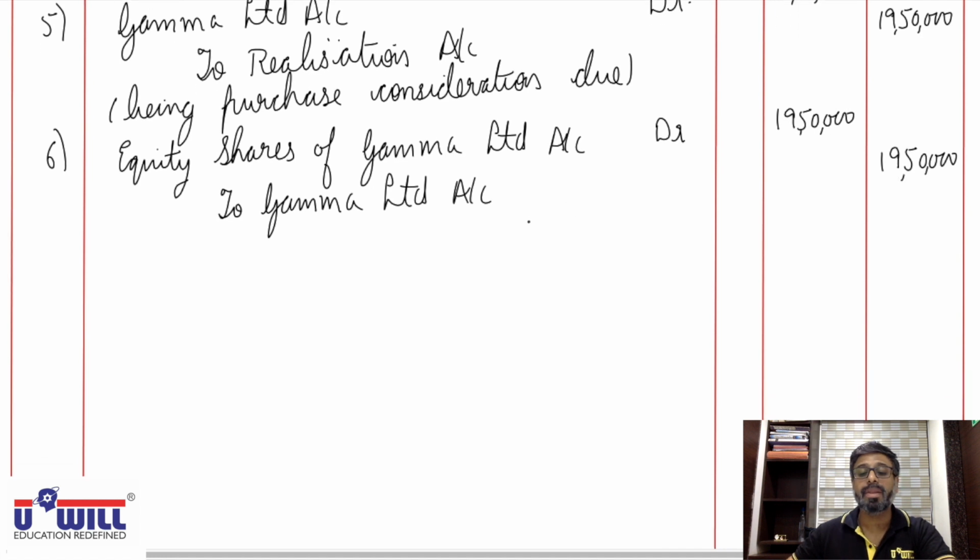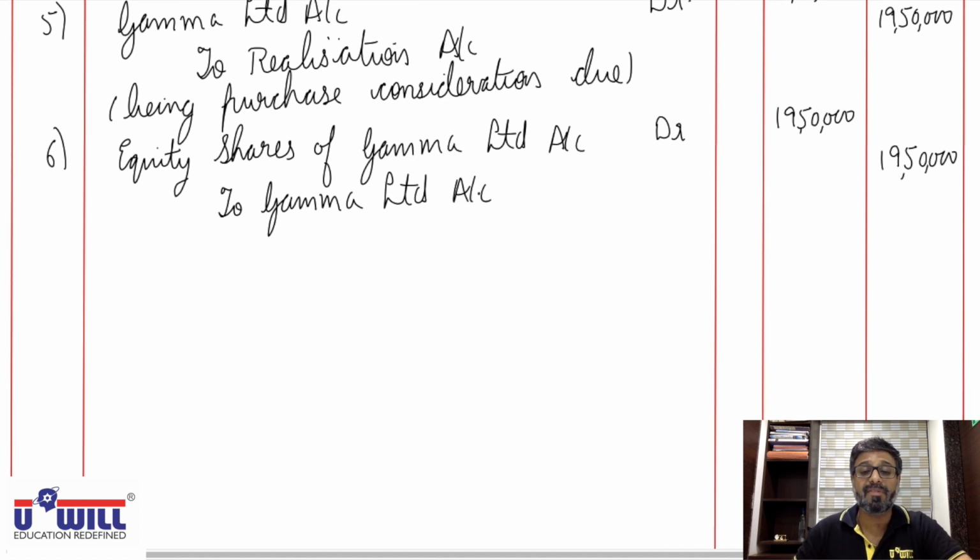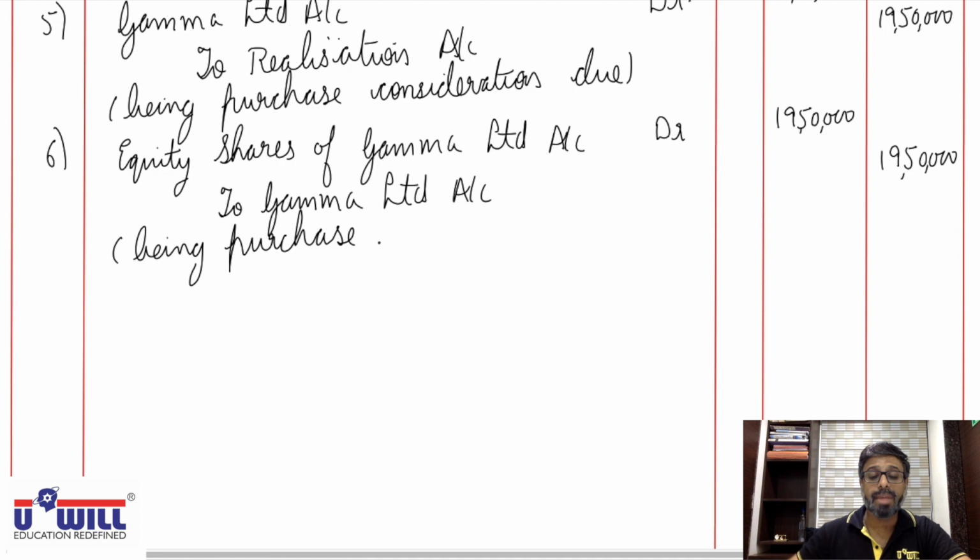I repeat: purchase consideration is received in the form of equity shares, so debit what comes in, equity shares of Gamma Limited account, and credit the giver, Gamma Limited account. Being purchase consideration received.